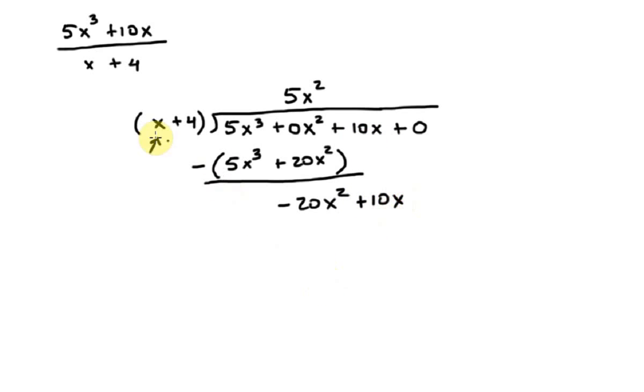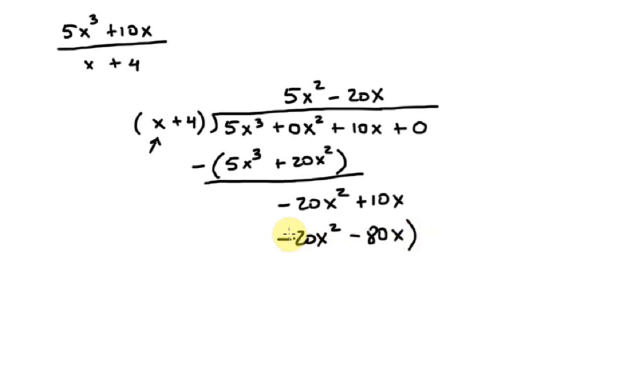Okay, now I look at the x, and I ask myself, what do I multiply it by to get negative 20x squared? So I need negative 20x. Now I'm going to multiply negative 20x times x. So I get negative 20x squared, and negative 20x times 4 is negative 80x.